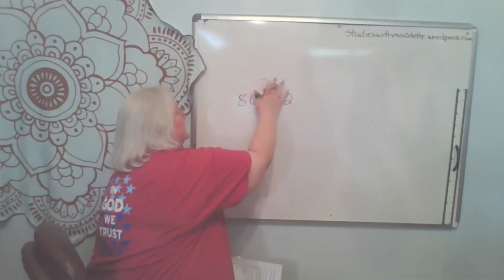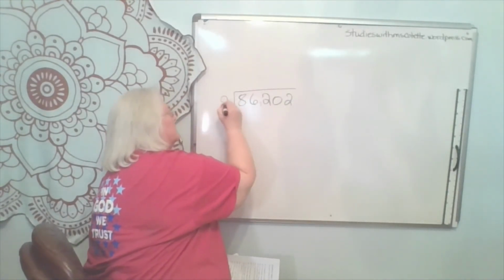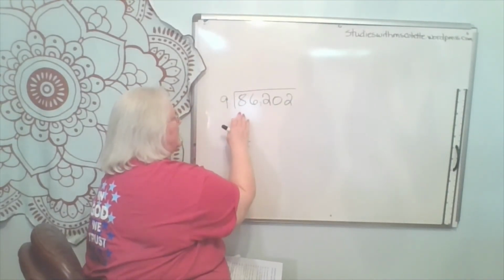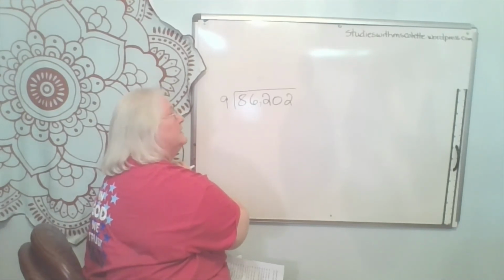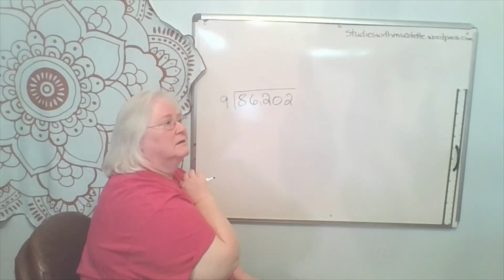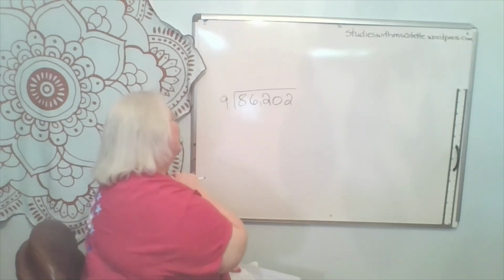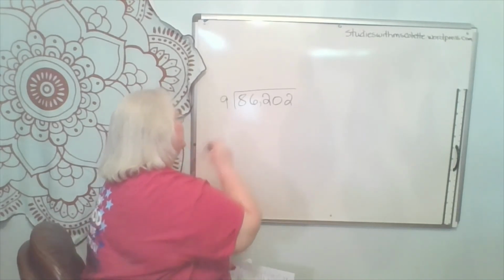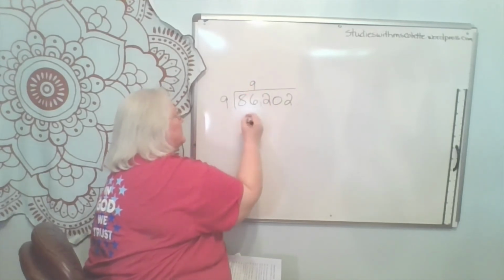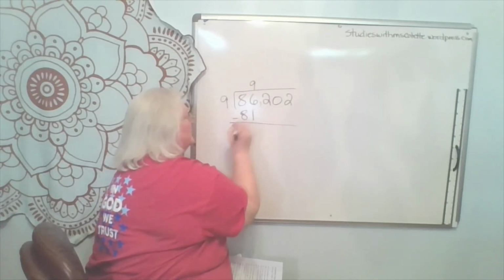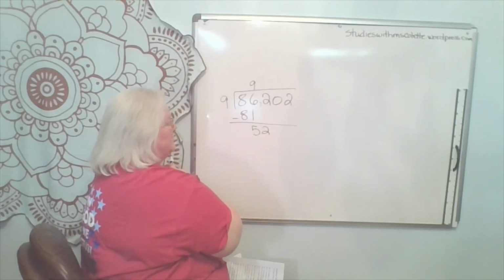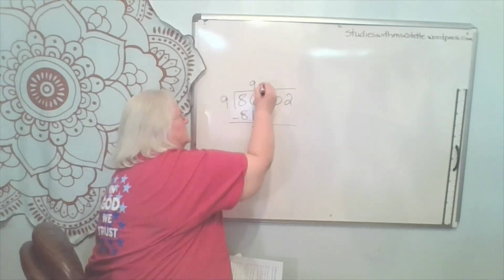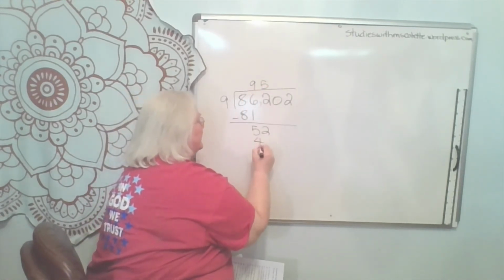So let's see if 9 will go into the whole number. Okay, it won't go into 8, so we're going to have to go 86. So that is, okay, my head's hurting. 8 times 9 is 72, 81. Oh, so it'll go into it 81 times. When we subtract, we get a 5. 9 will go into 52 5 times, 45.